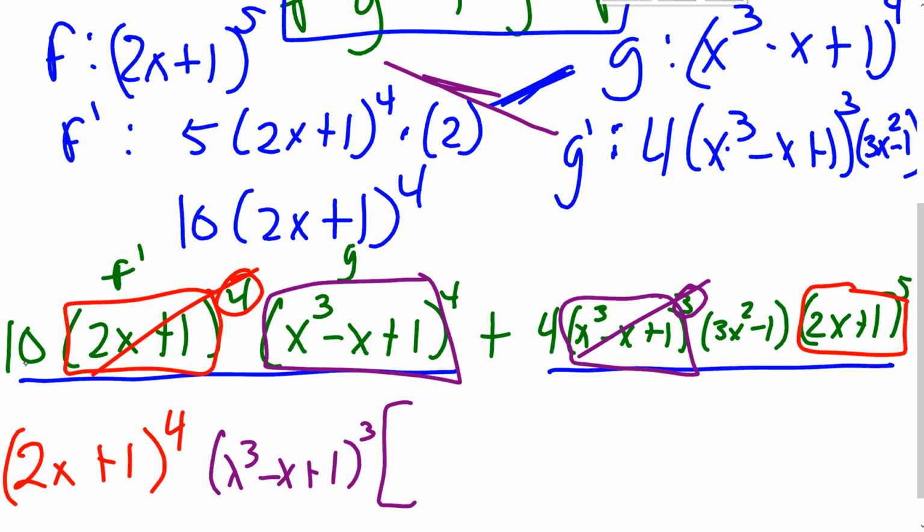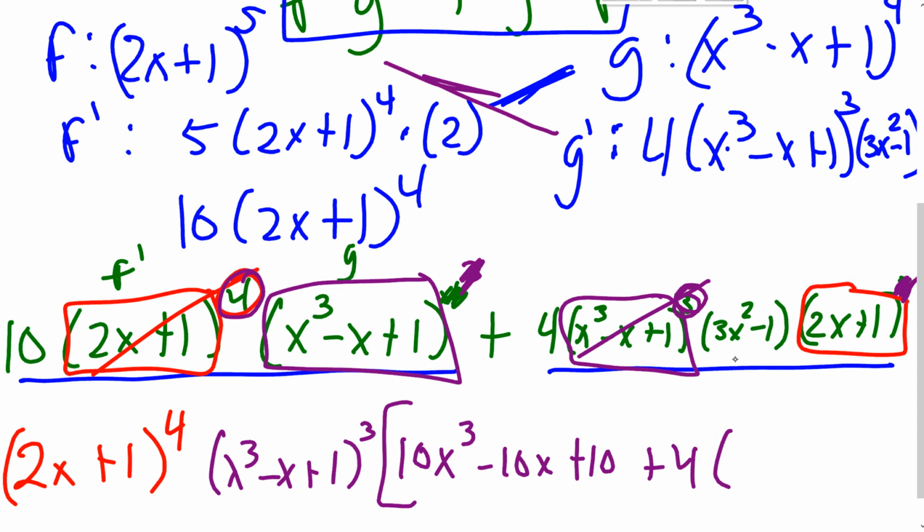Then I have 10, and 3 of these are gone because this is to the third, so I'm left with just 1. So 10 times that is 10x cubed minus 10x plus 10. And then I took out 4 here, so 4 of these are gone, so I'm left with that. So that's 4 times, and I can FOIL that out, which is 6x cubed plus 3x squared minus 2x minus 1.